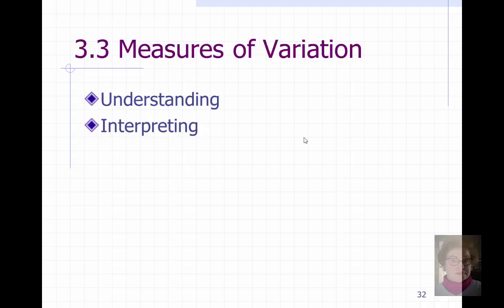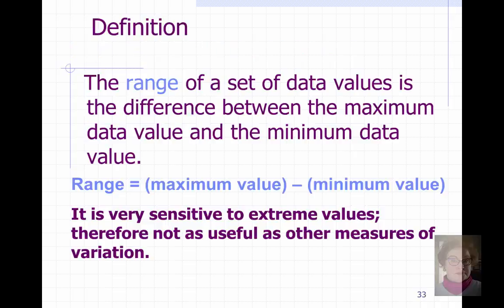I'm going to show you how to calculate it by hand with a very small data set, and I'm going to show you how to calculate it on StatCrunch. I am going to ask that you do it once by hand, and then most of the time you're going to use StatCrunch because it just takes less time. There are fewer places to make a mistake. But it's important that you do at least one hand calculation so you understand the formula.